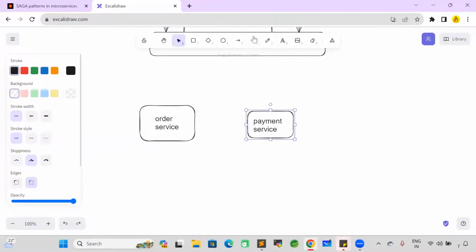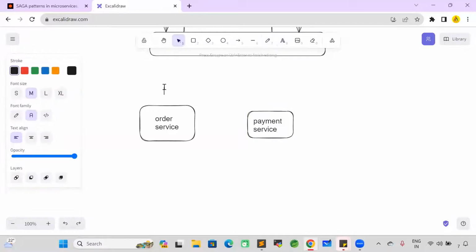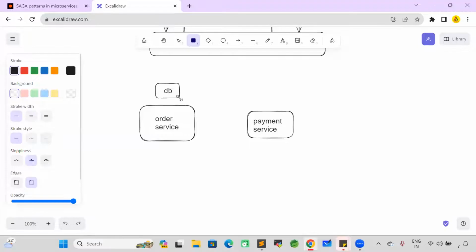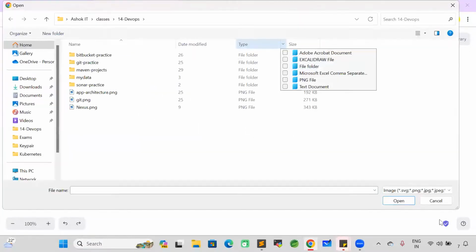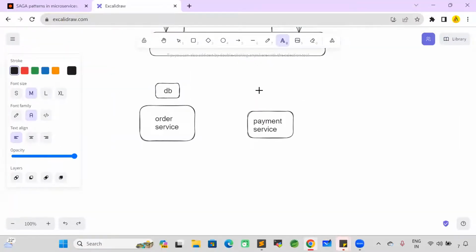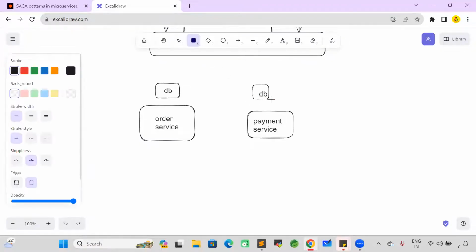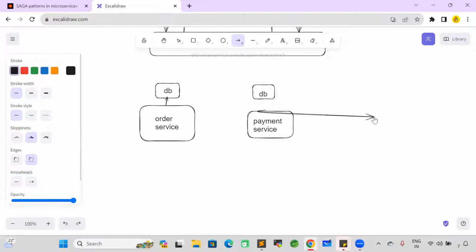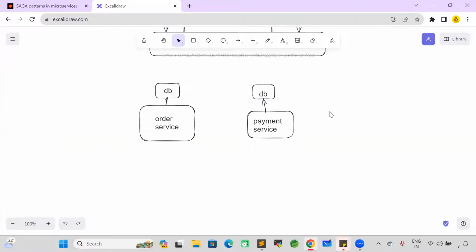The order service will have its own database. The payment service also has its own database. Now, how do we manage the transaction between these two services?